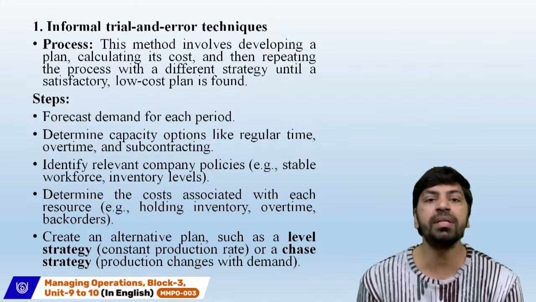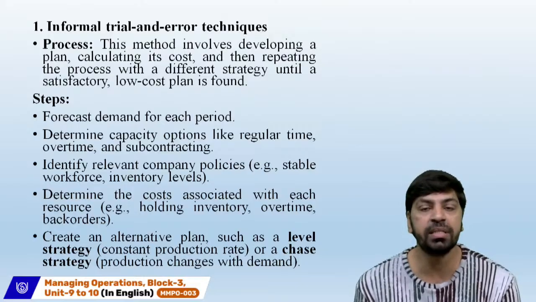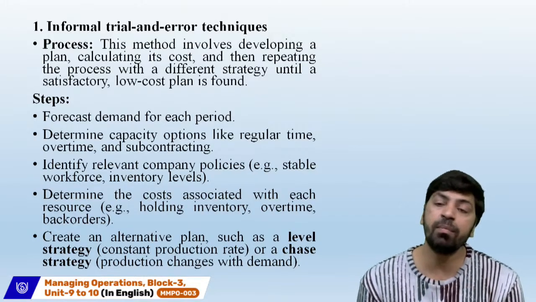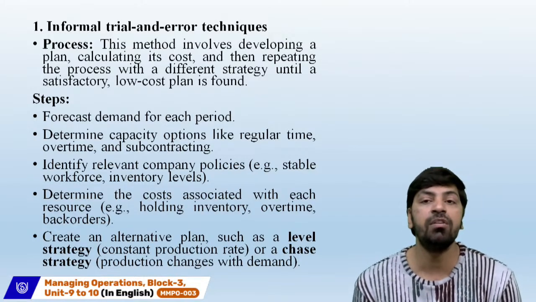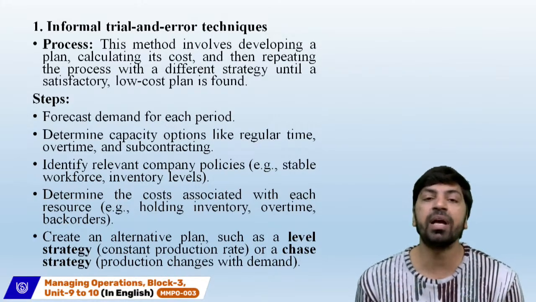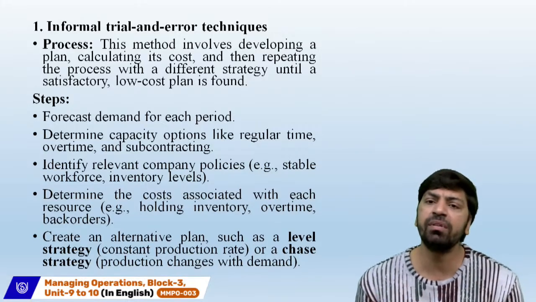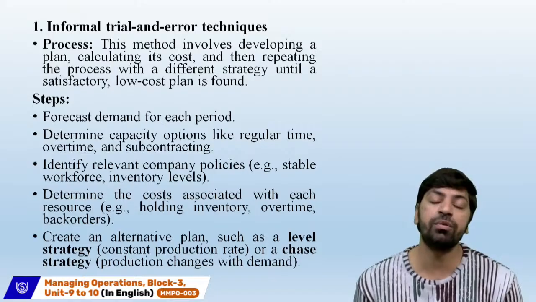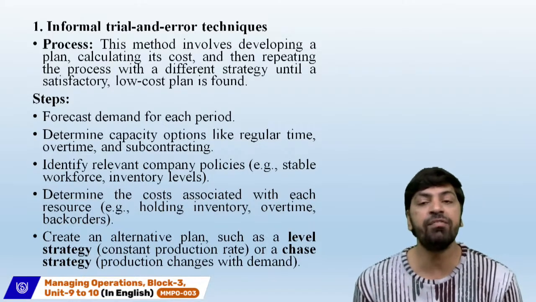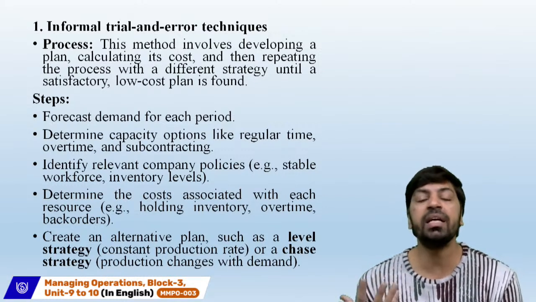The next step is to identify the relevant company policies, for example whether a stable workforce policy would be useful for preparing the aggregate production plan, or whether low inventory levels could be applied for the production plan.